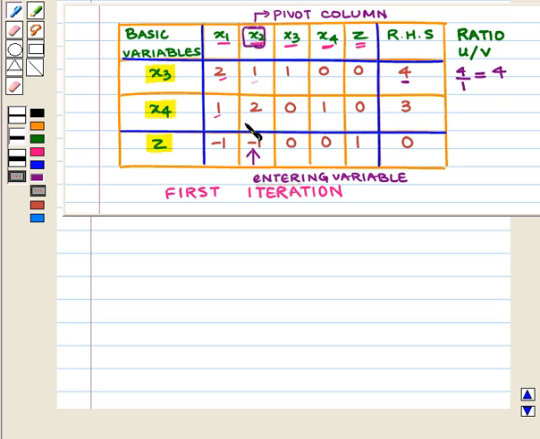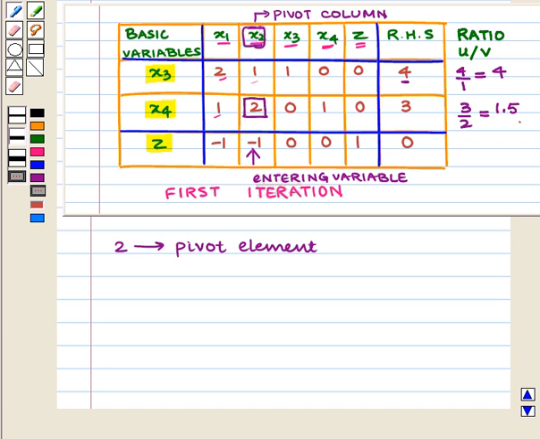In the second row, V is 2 and the corresponding U is 3. So U by V, that is 3 by 2, is equal to 1.5. Now 1.5 is the minimum of the two ratios and it corresponds to V equal to 2. So we choose 2 as the pivot element in the pivot column.